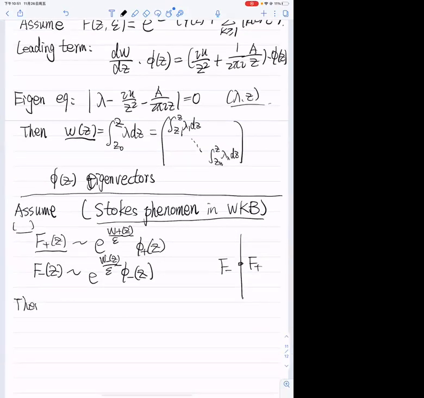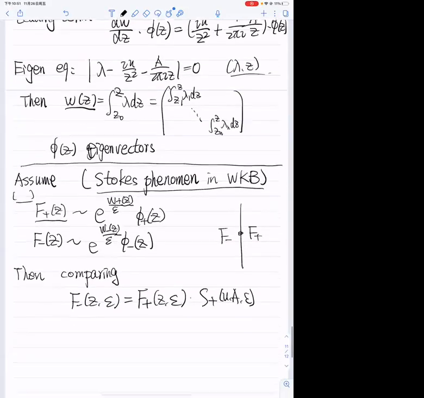Then just comparing the leading coefficients in the definition of the Stokes matrix, what we get is, see, the Stokes matrix now depends on U, A and epsilon, but is independent of z.